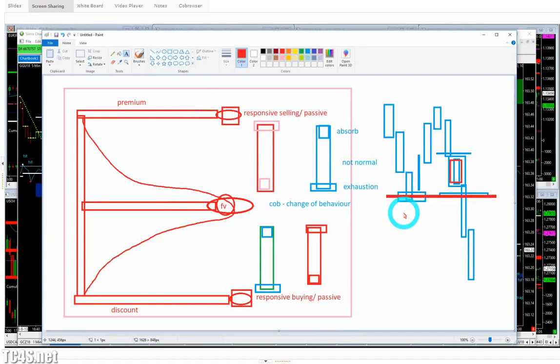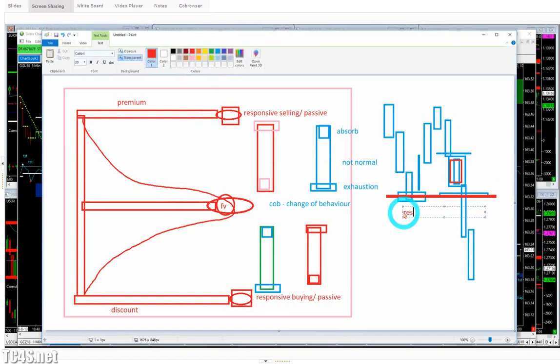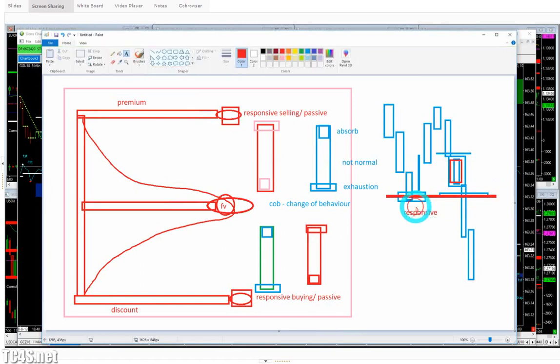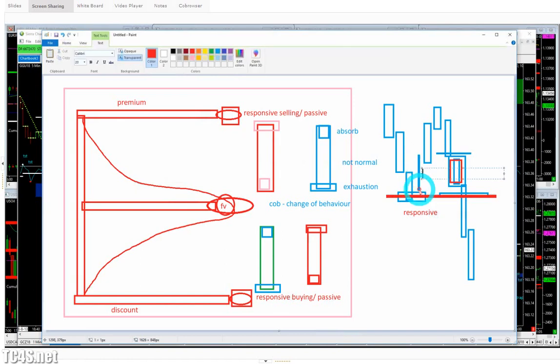Well, obviously this is a responsive buy effort. When the candle stops moving to the downside, that's responsive buyers. When the price moves away, you're normally talking about initiative. In other words, buyers are now taking the initiative, taking price off the bottom edges, and as the price trades higher, that's initiative.